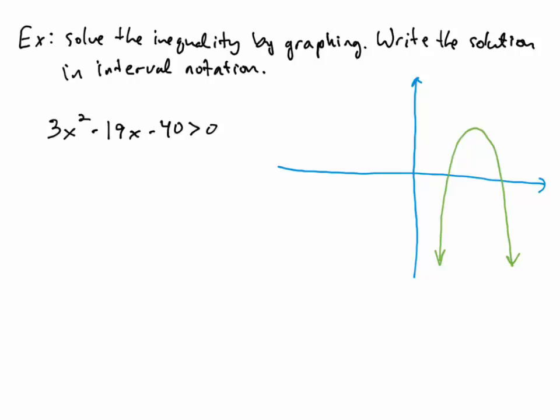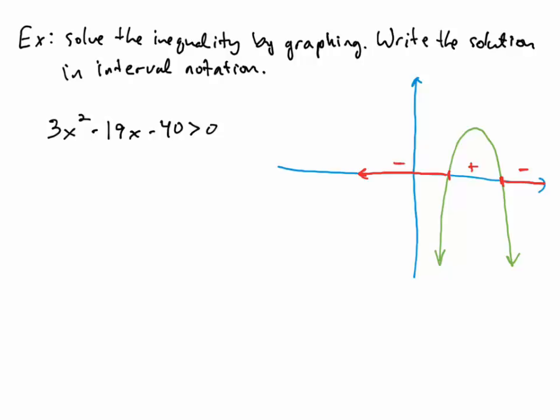Now, looking at this parabola, what we would say is that in between these x-intercepts, the parabola is above the x-axis. So we would say in that interval, the parabola is positive. And everything to the right of this is going to be negative, and everything to the left over here would be negative as well.